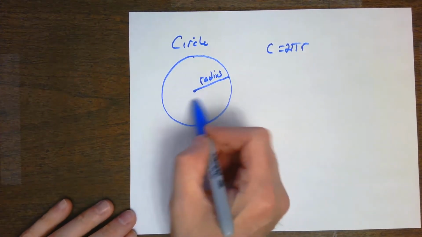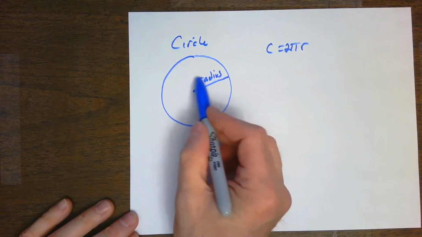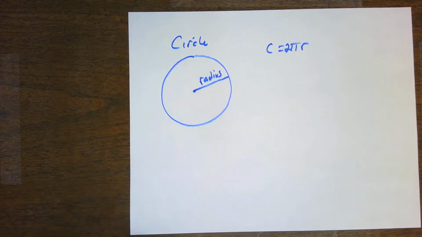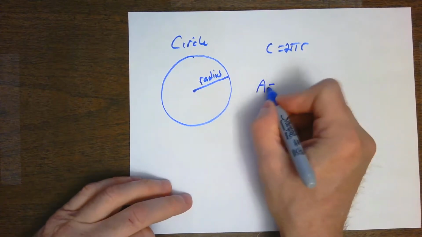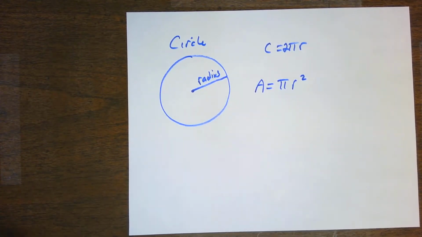Now, the area is the amount of space inside of this 2-dimensional shape we call a circle. Once we define this, area we define as pi times radius squared. We can imply a very important relationship between the area and the radius, and the circumference could be inferred.